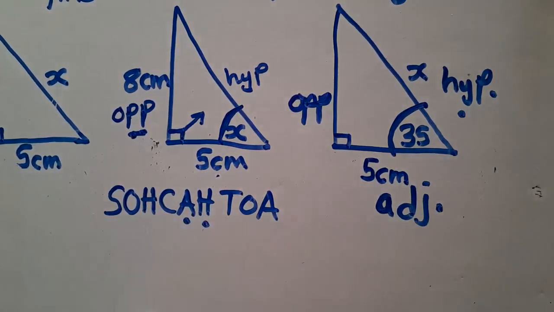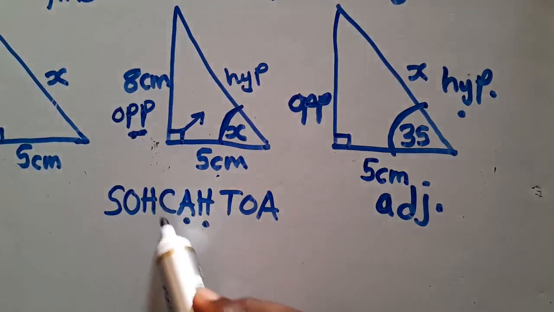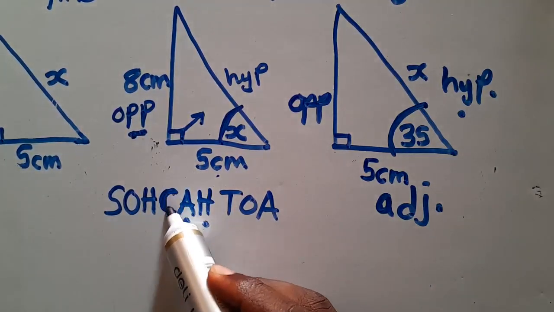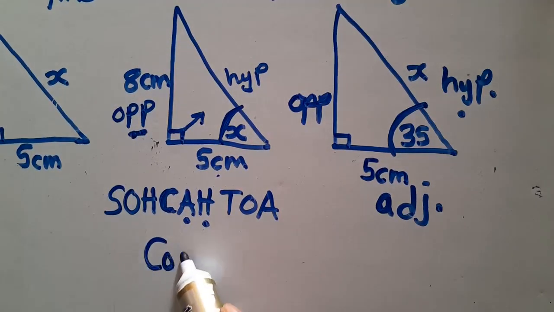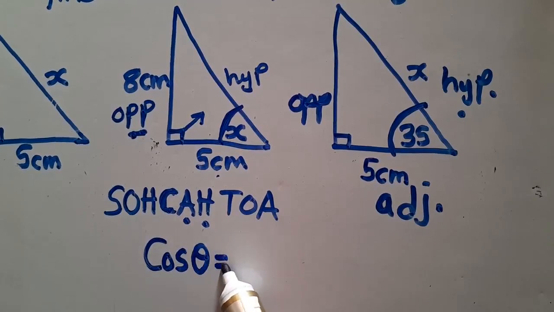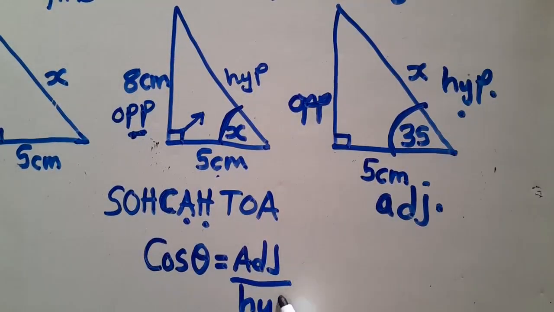It is on this. This is cos. So if you haven't understood well on the SOHCAHTOA, I'm going to explain very well so that you see how to go about this. So you say cos theta is equal to adjacent over hypotenuse, like this.